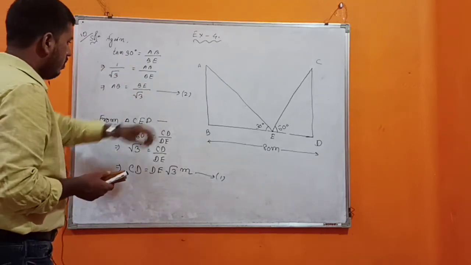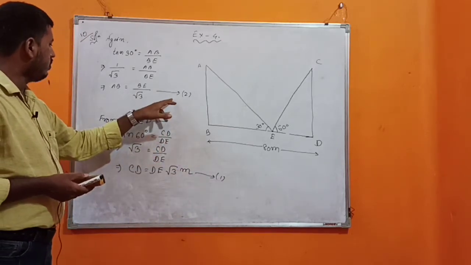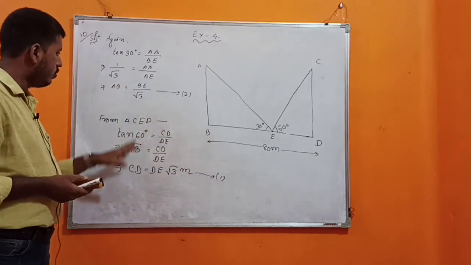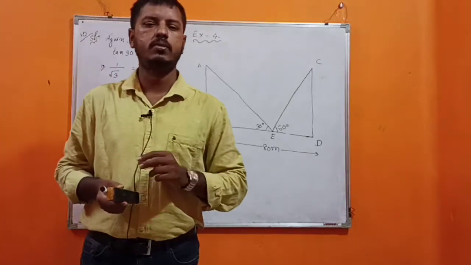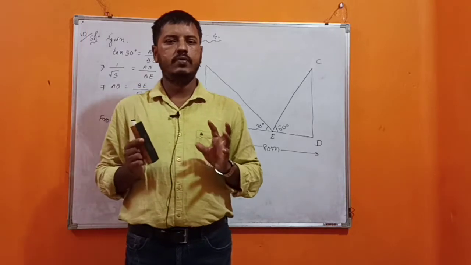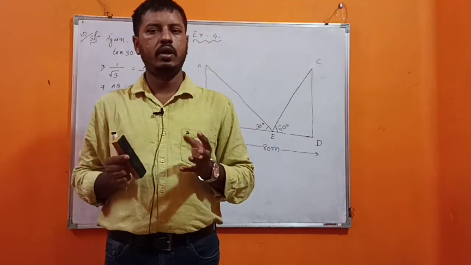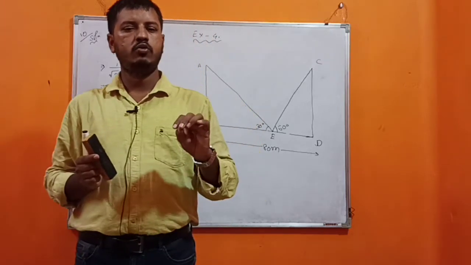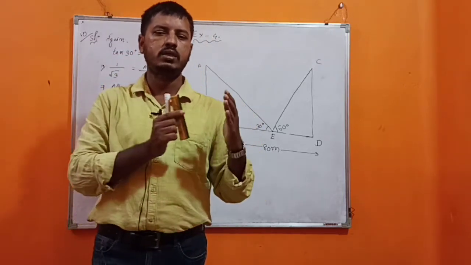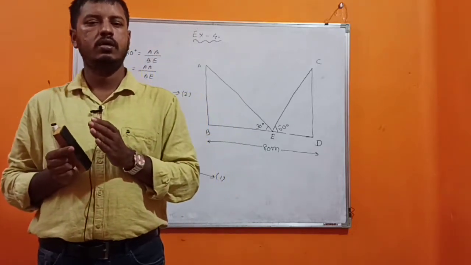From equations 1 and 2, we can see that the left hand sides of both the equations are the same, because in the question it is given that AB and CD are two poles of equal heights. We all know that if one sides of two equations are the same, then the other sides must be equal.